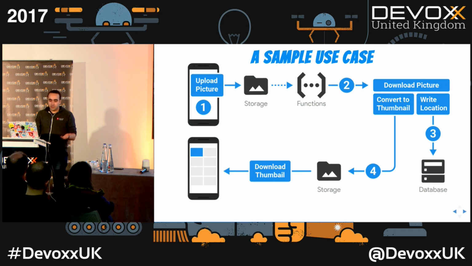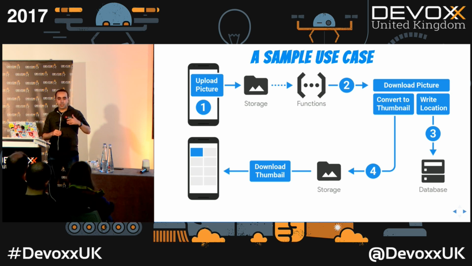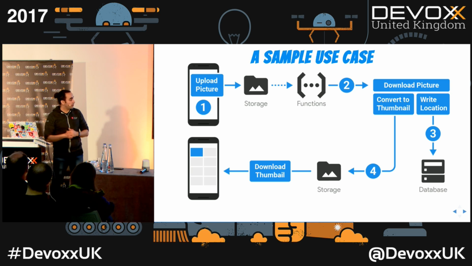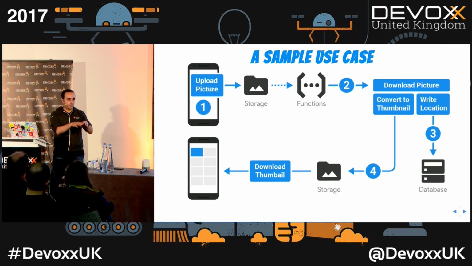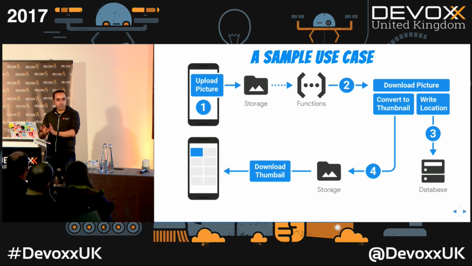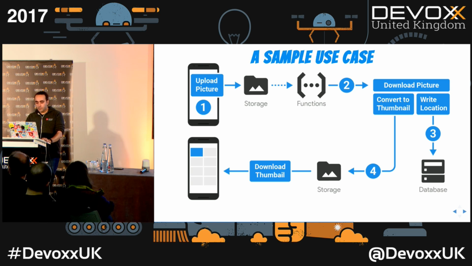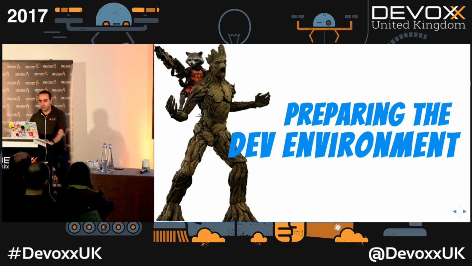A typical use case is when you build an app and upload pictures. When you store those pictures on Google Cloud Storage, this triggers your function, and you can use it to build thumbnails, send an email, or update the database. So really think of your functions as small processes, if I may say so.